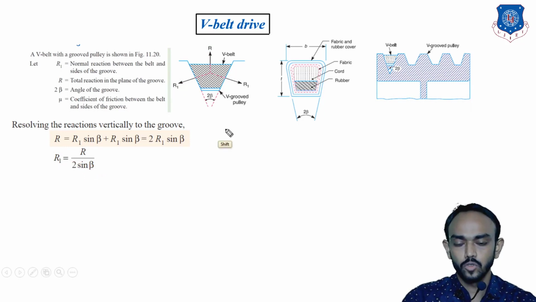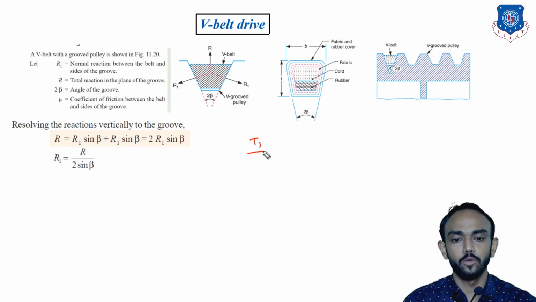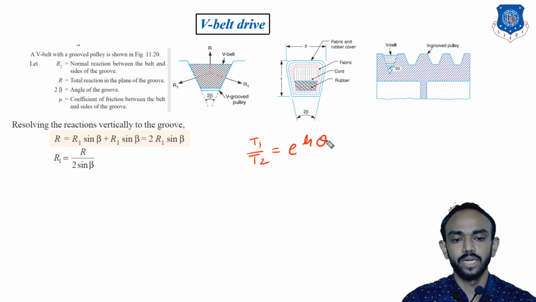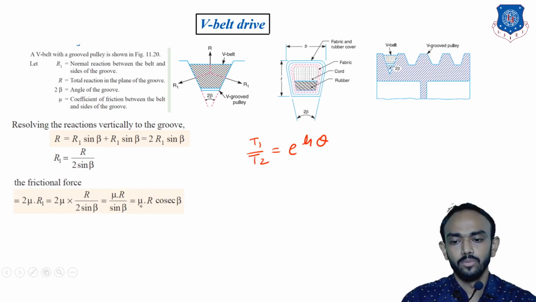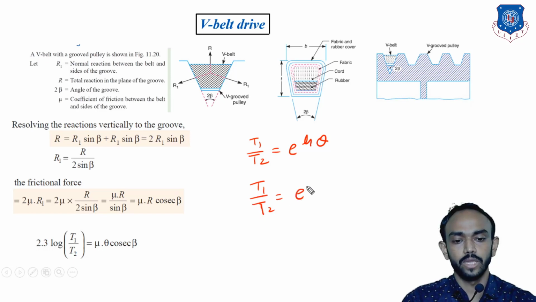Okay, so as you know, for the flat belt, T1 upon T2 is e raised to mu theta. But in case of the V belt, you will find mu theta cosec beta here, so for the V belt, T1 upon T2 is equal to e raised to mu theta cosec beta.